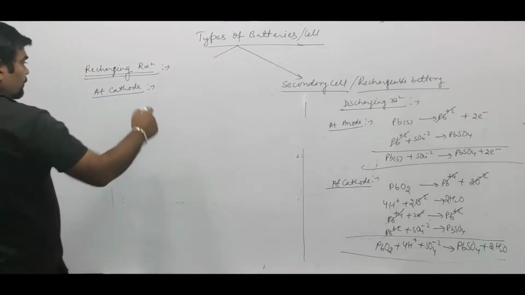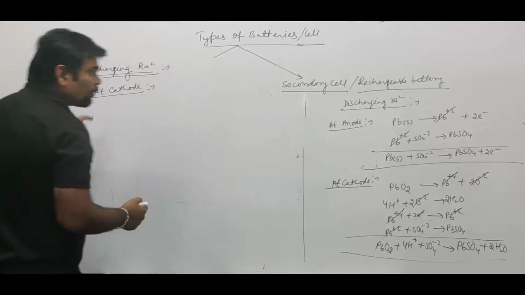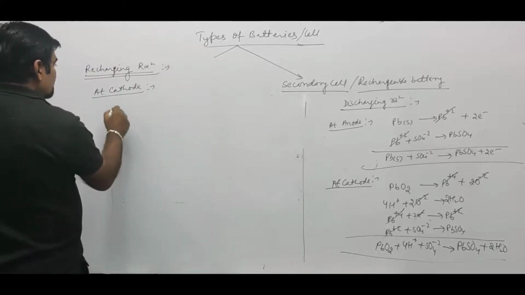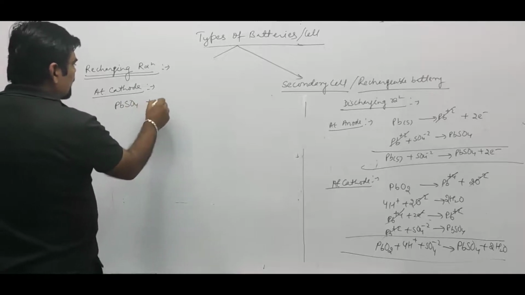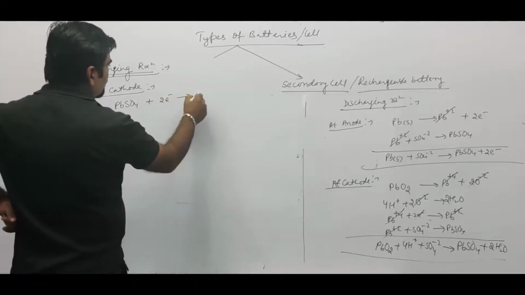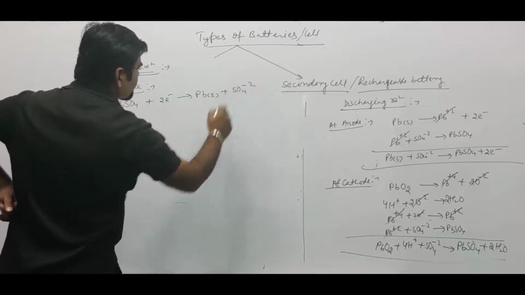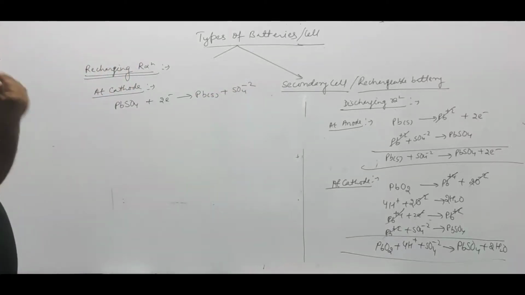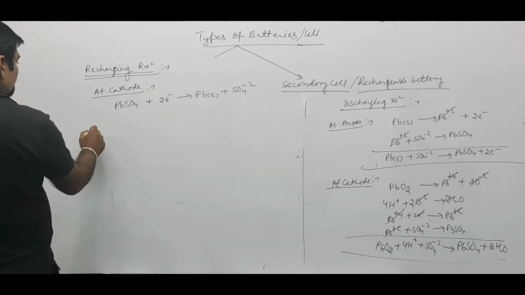So at the cathode, over there was the anode, PbSO4. Now this PbSO4 will accept 2 electrons, becoming solid lead plus SO4 2-. And over here, what will happen at the anode?